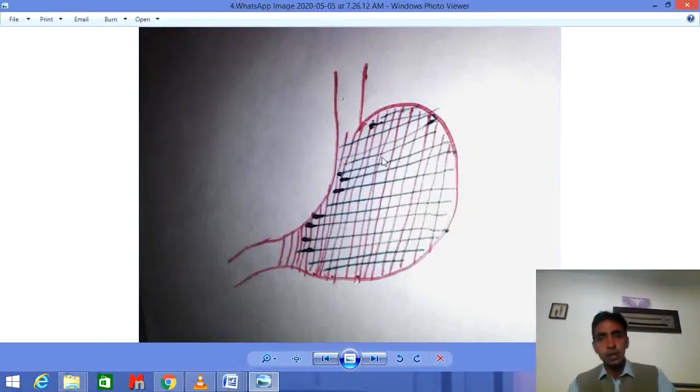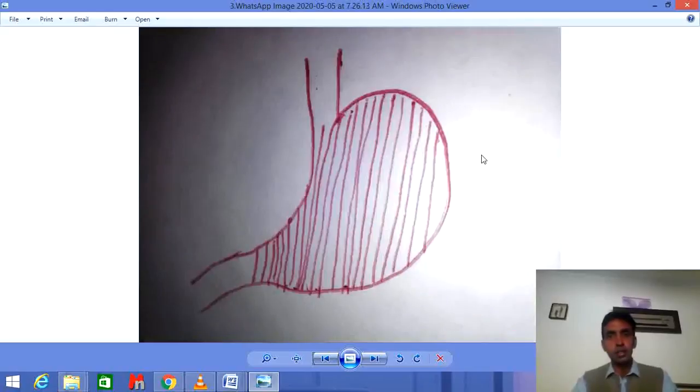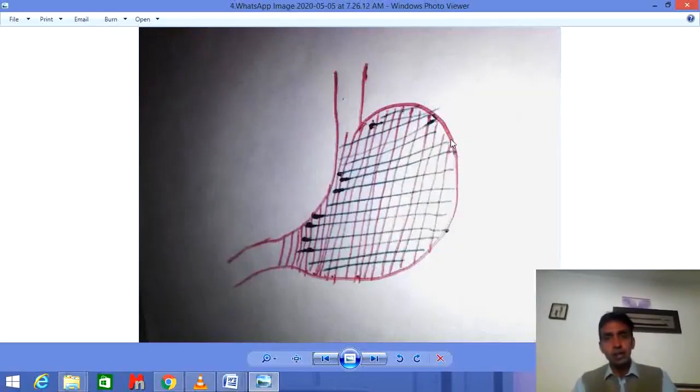The longitudinal smooth muscle is present in the outer layer. In the middle layer, this is the transverse smooth muscle.